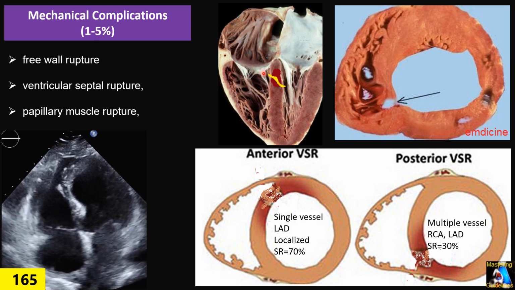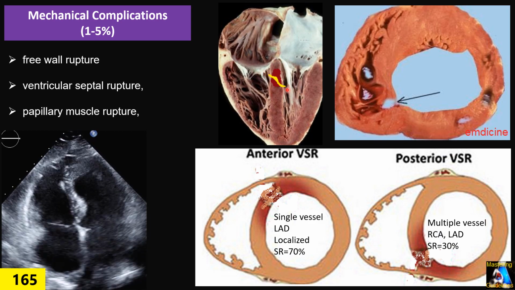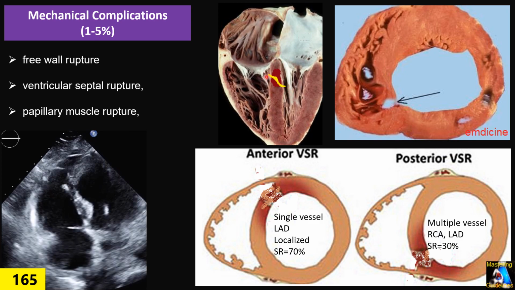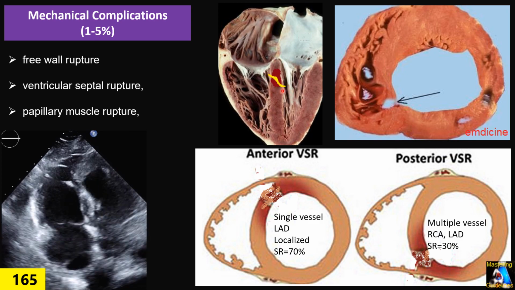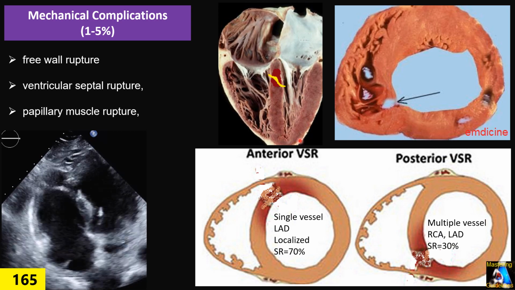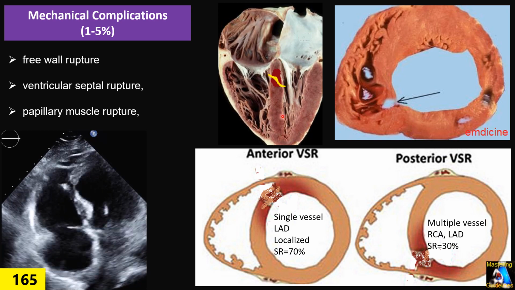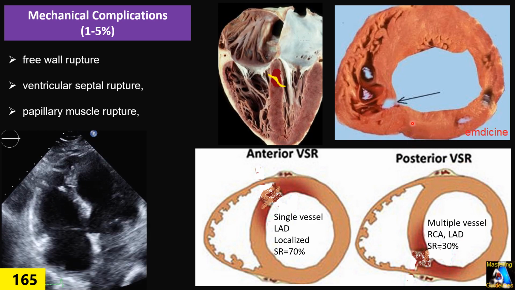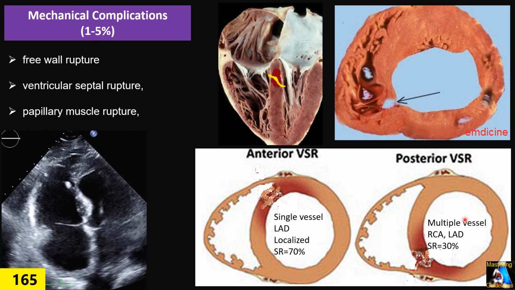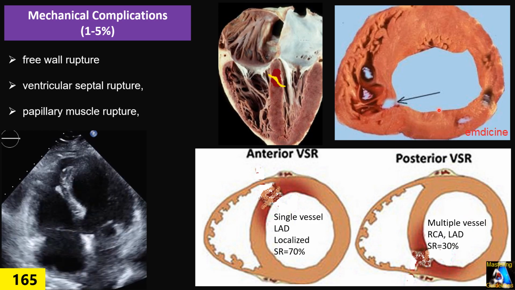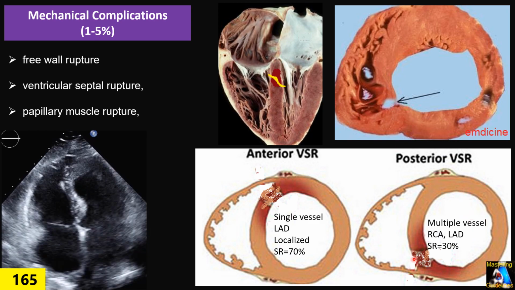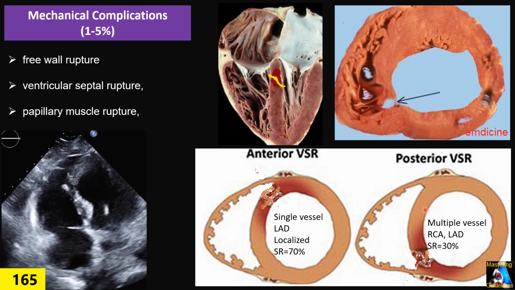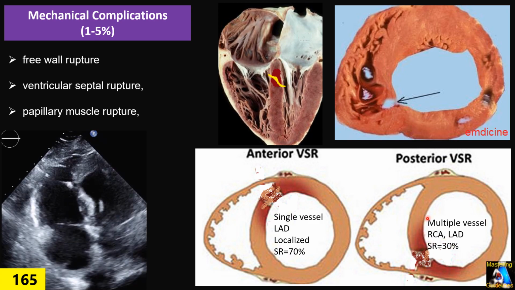So the inlet and outlet of the shunt will not be at the same level. Keep that in mind, later I am going to explain about that. In this type, usually we have inferior infarction and multiple vessels, meaning RCA and LAD both involved, and the survival rate on this type is about less than 30%.